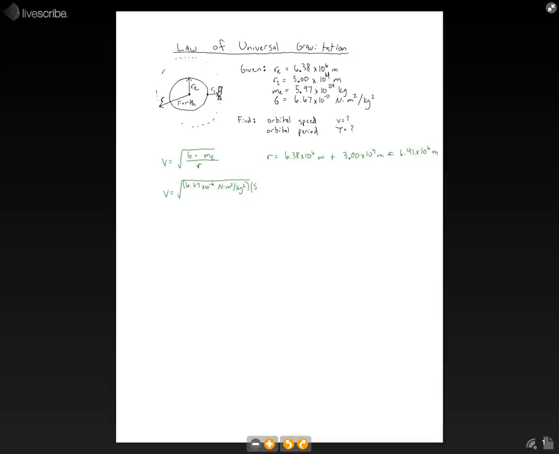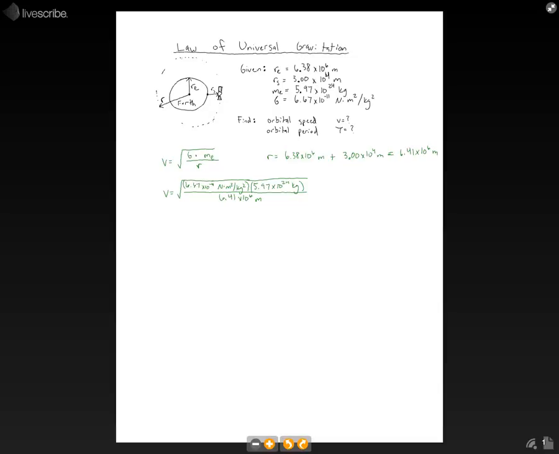Now we want to put the mass of the Earth, and all of that will be divided by our radius that we just found, which is 6.41 times 10 to the 6th meters.